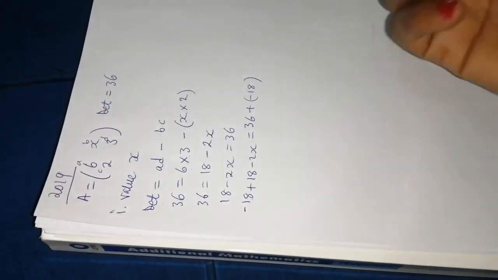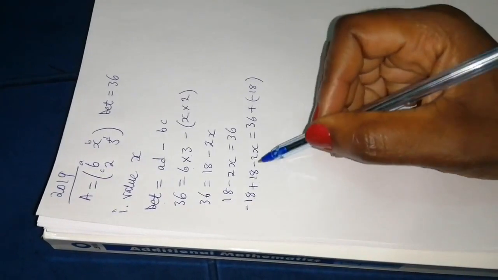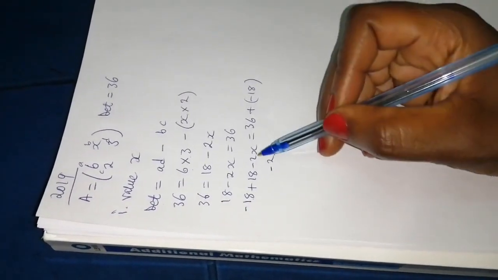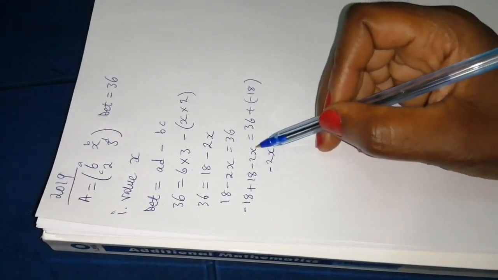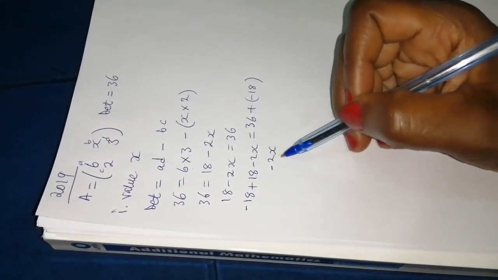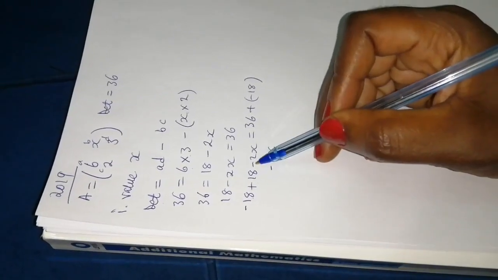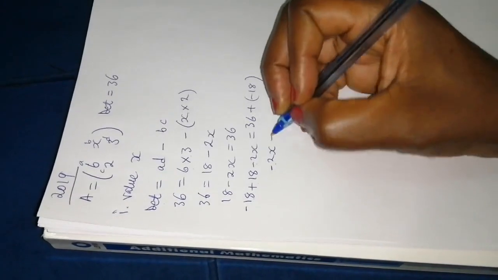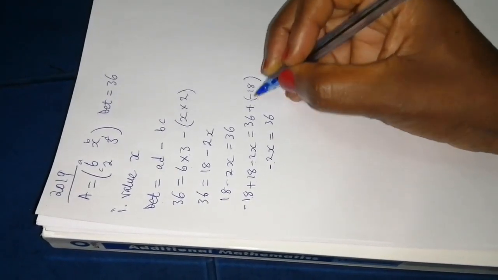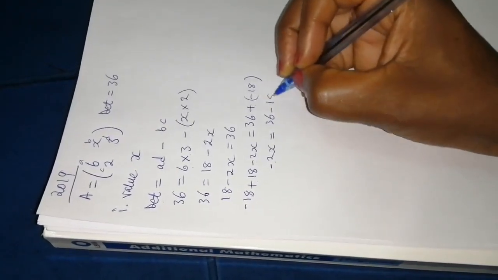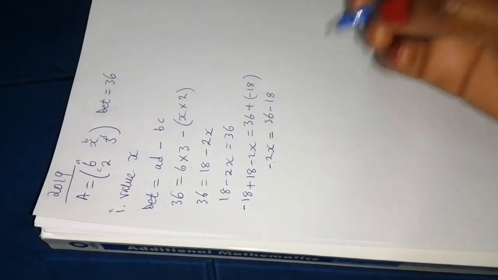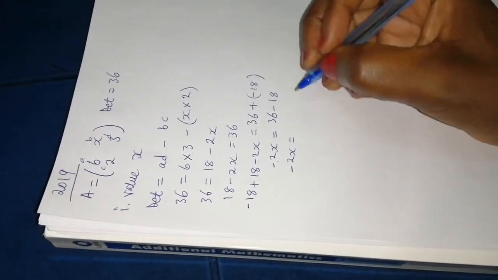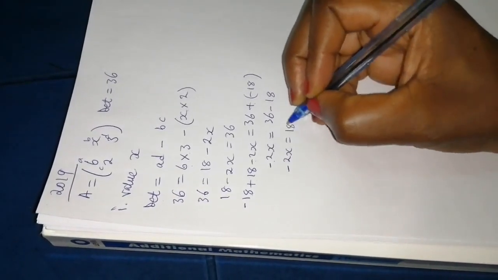Negative 18 plus 18 will give us a 0, leaving us with negative 2x on the left side. Please, this is negative 2x, it's not positive 2x. So be careful with the signs, bring this sign as well. Then on the other side we have 36, positive times negative is negative, giving us 36 minus 18. So we have negative 2x equals 36 minus 18, which is 18.